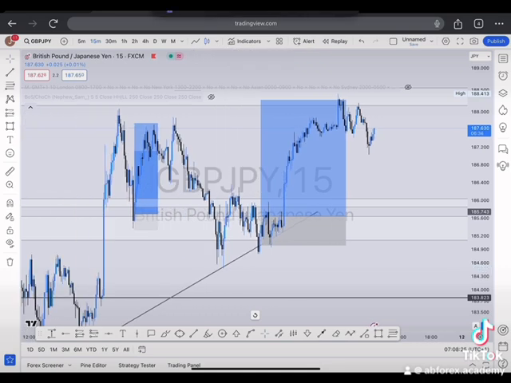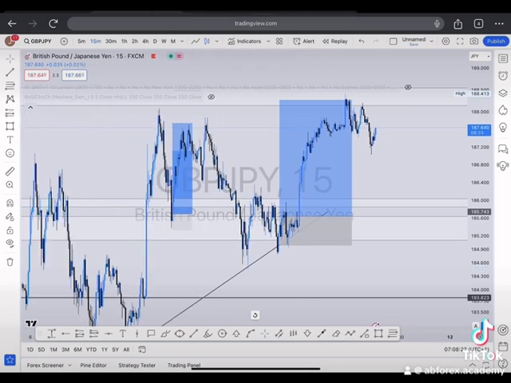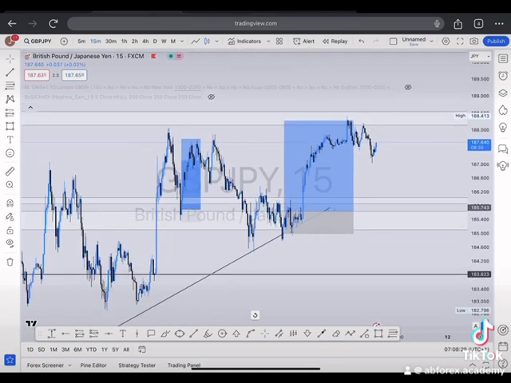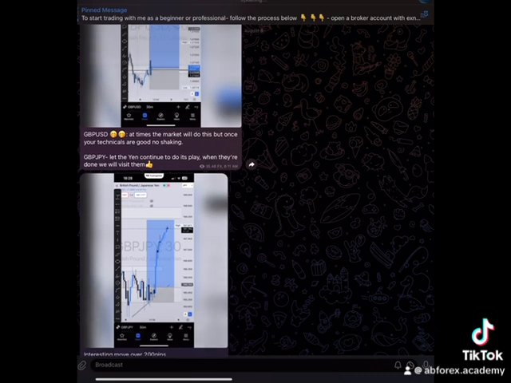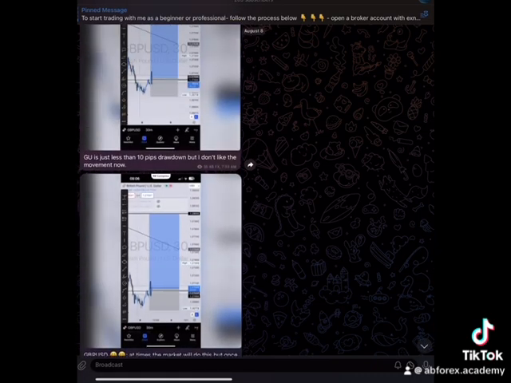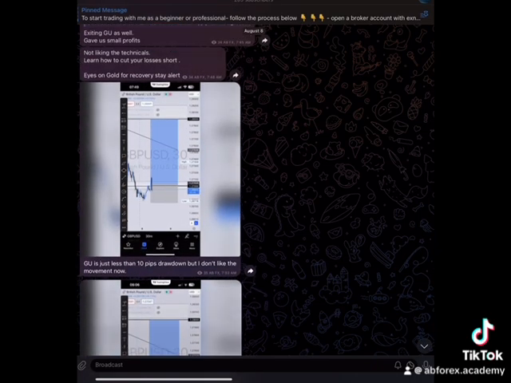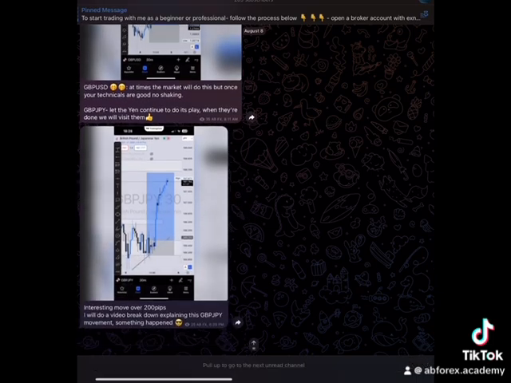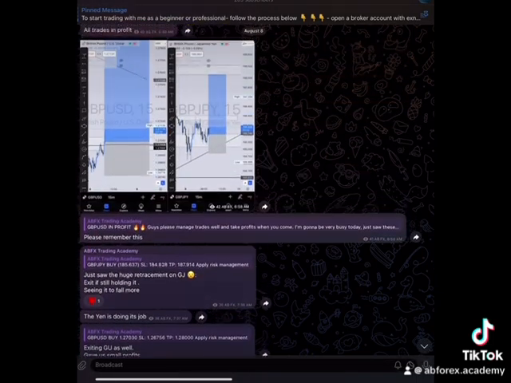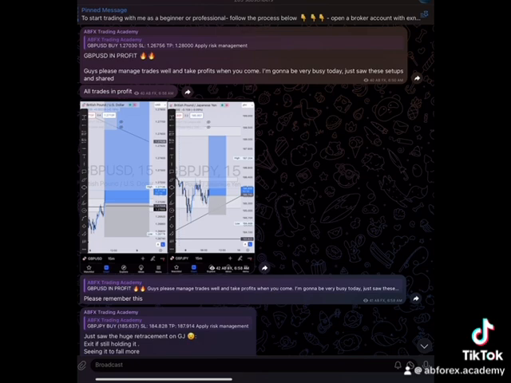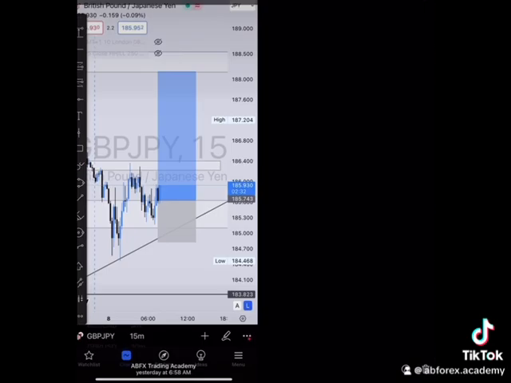So this is a quick breakdown of the GBPJPY trade and what happened and what should have been done better, right? So I will take you to the Telegram community where I shared the signals. This is a community we are still very much growing. You'll notice that I shared the signal and I told them, okay, exit GBPJPY, because I saw that coming. We went into some profit already. This is the entry we took, so you can see our entry, we're going into profit.